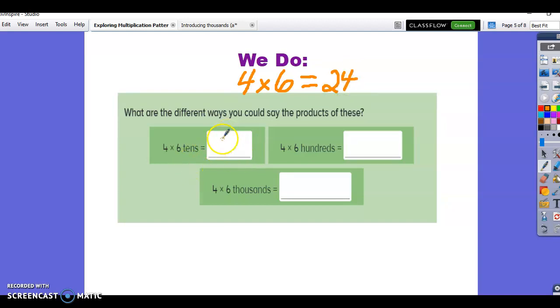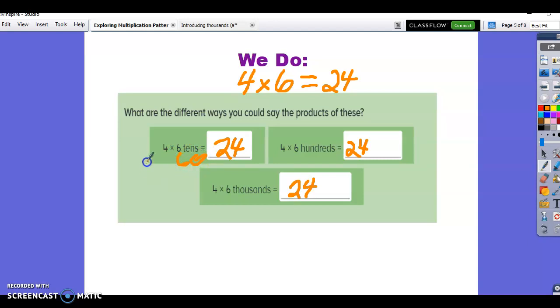All right, so we know our root, our basic part is 24. So you can go ahead and place that as your beginning. 24, 24, and 24. Now, if we have 6 tenths, that means that is 60. So write a 60 underneath.